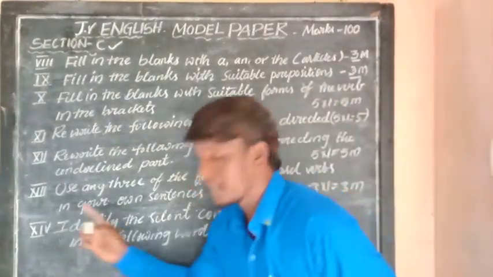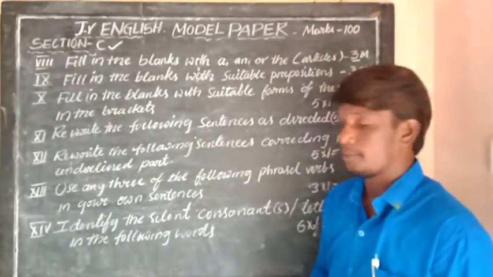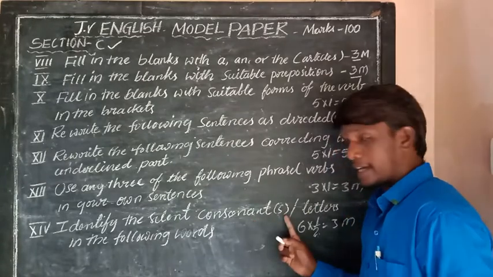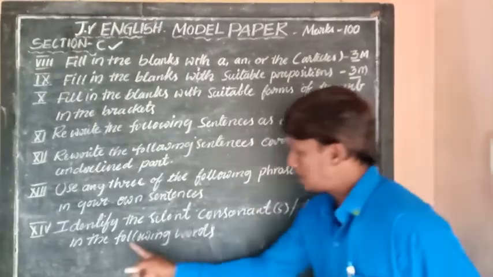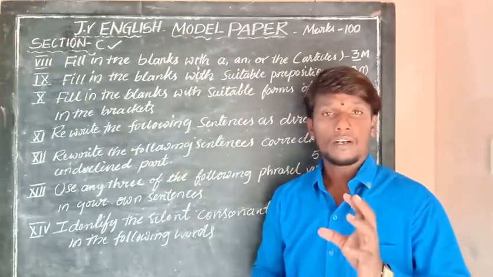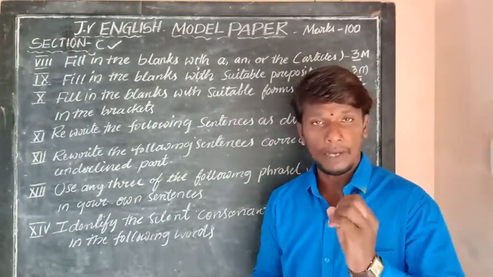Moving now to the 14th question, 14th Roman, identify the silent consonants or silent letters in the following words. So you will be given some words, 5 to 6 words.